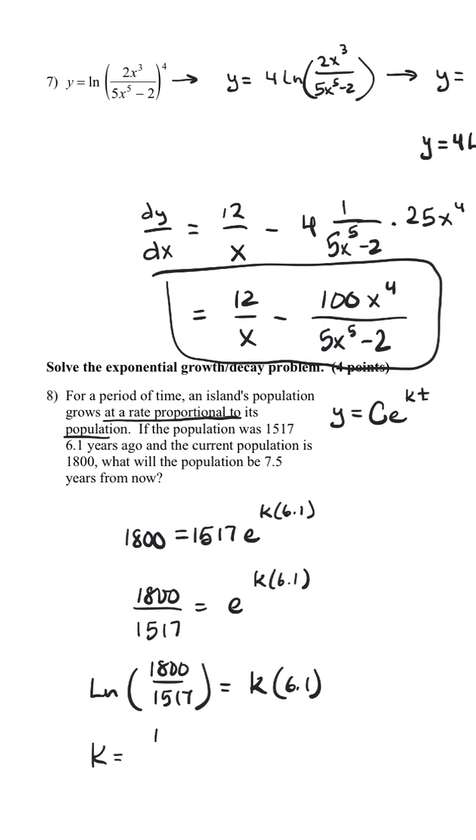So the value of k, that's the exact form of k. We're going to want an approximate form also. So the approximate form is 0.028.